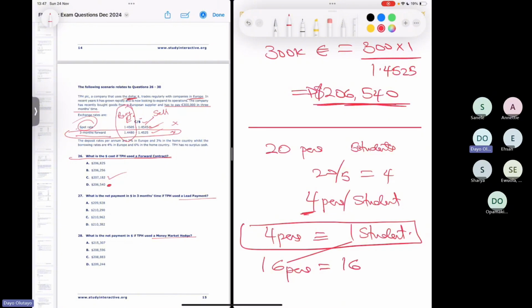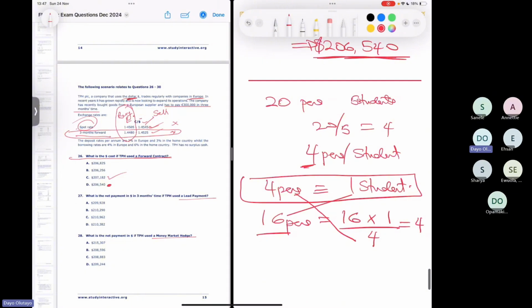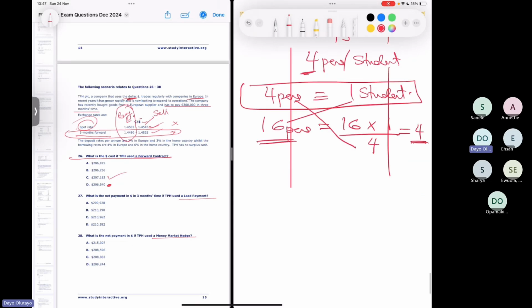So it means 16 times 1, then the other one that doesn't have a pattern comes down, divided by 4. And that equals 4. So 16 pens will be equivalent to 4 students, because this side is for students, this side is for pens.